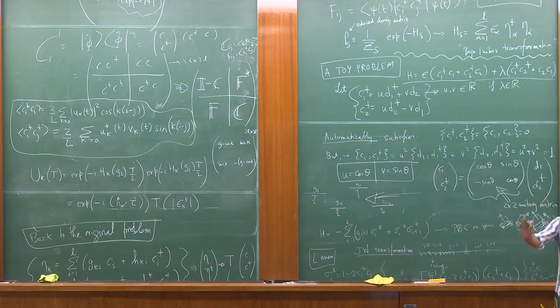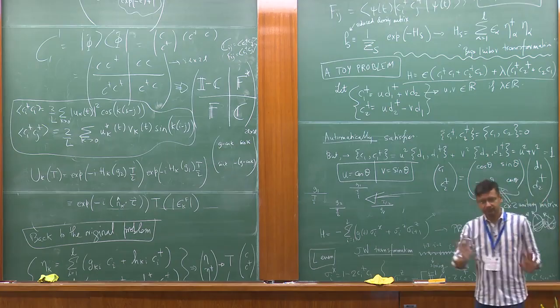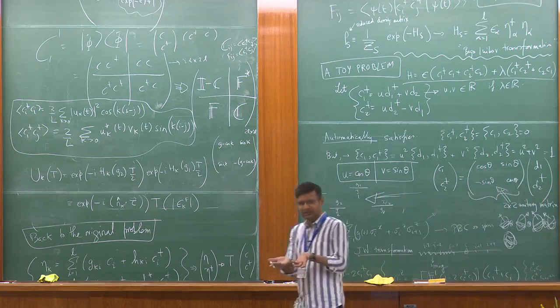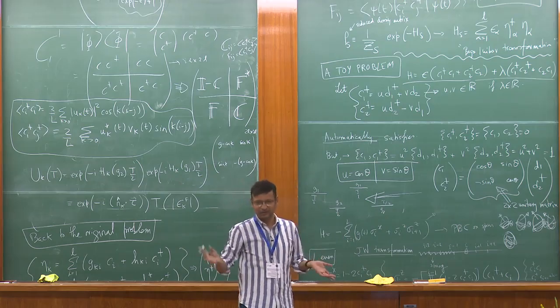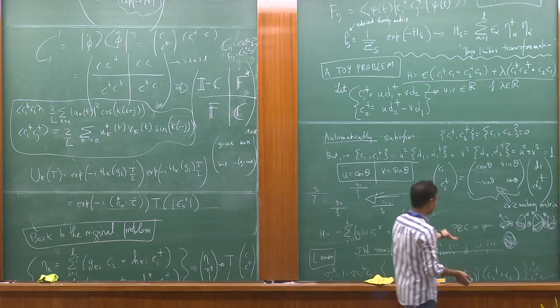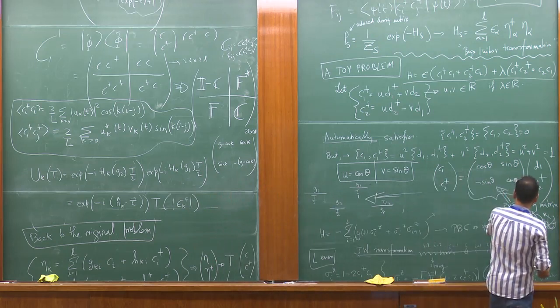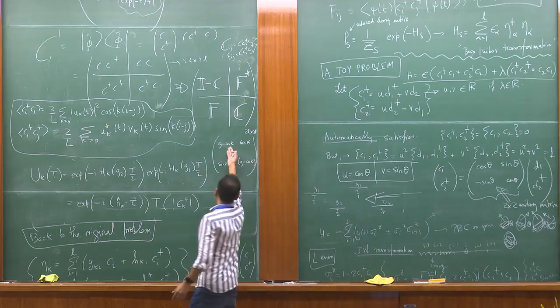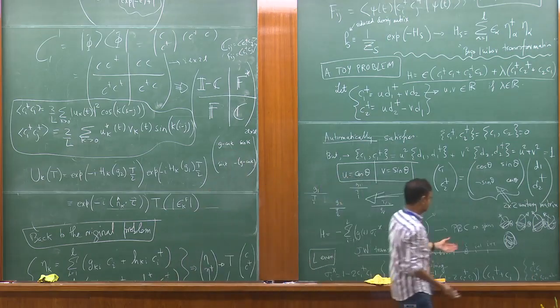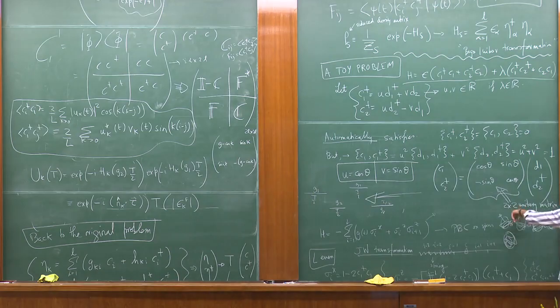If there were no conservation law, the point would have covered the entire surface of the sphere. If there were no conservation laws in this problem, the point would have just covered the whole surface of the sphere. But there is a conservation law. The conservation law is that at each k, there is a magnetic field which does not change in time for the undriven problem, and therefore the point can only traverse along this great circle, along that great circle, and so on.